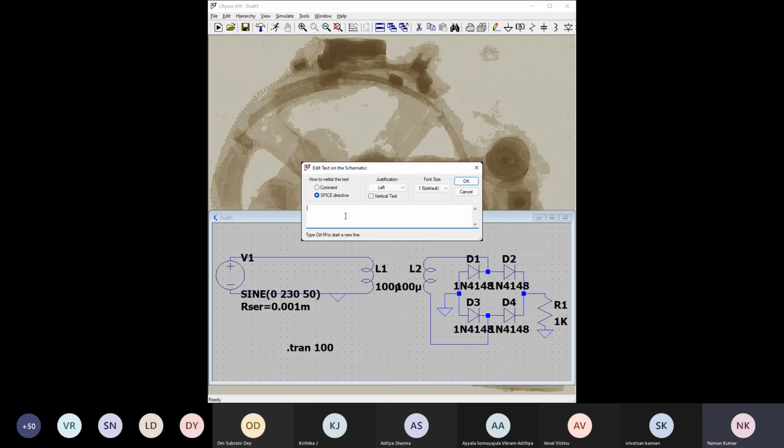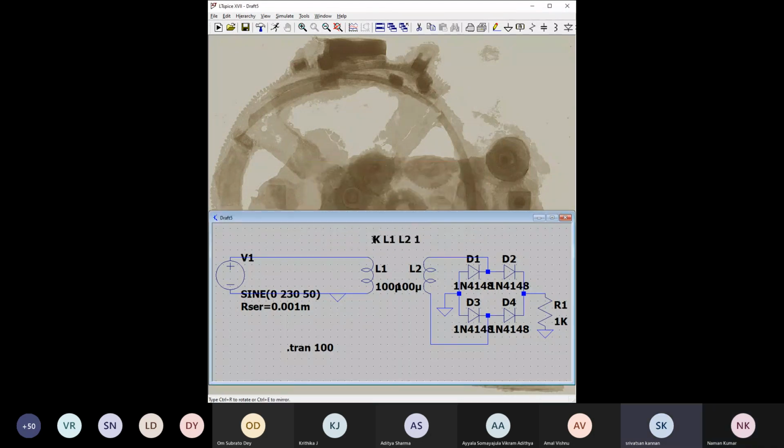What was it, sir? K space capital L1 space capital L2 space 1. Is it correct, sir? Just a minute, give space.